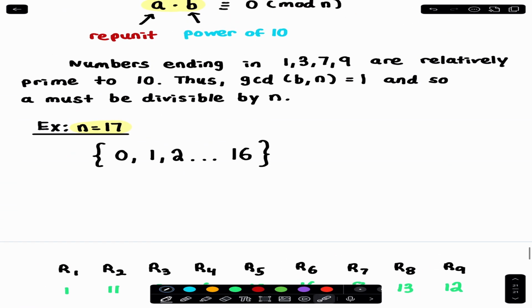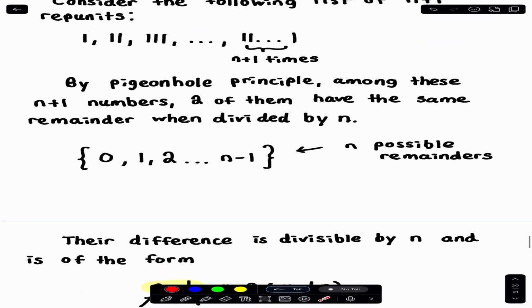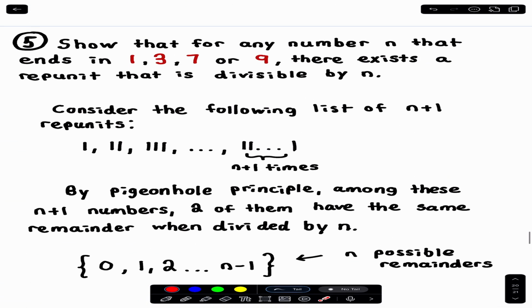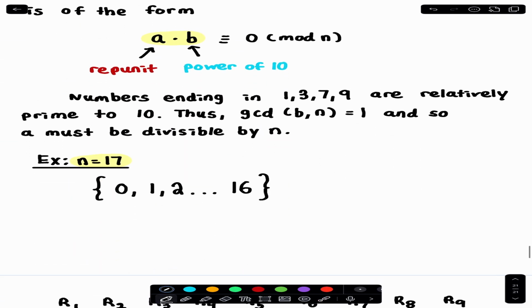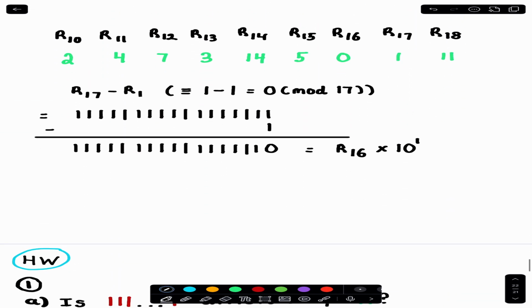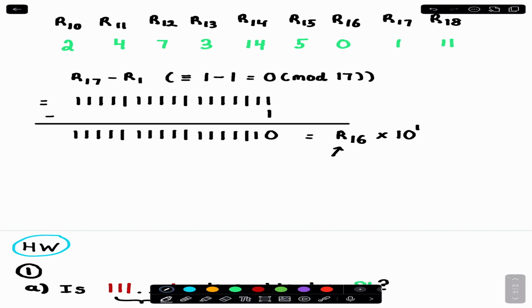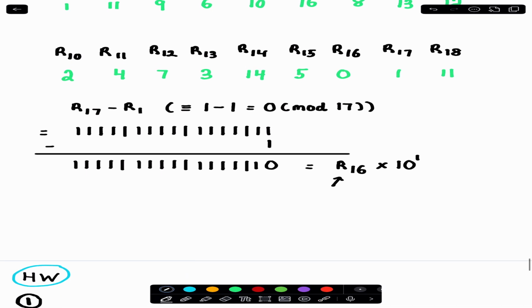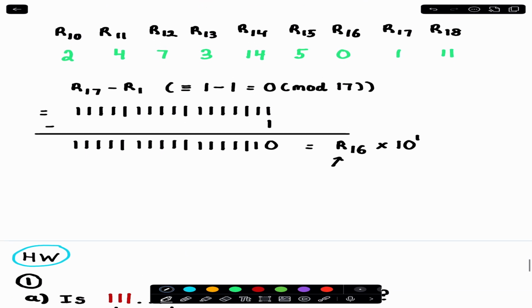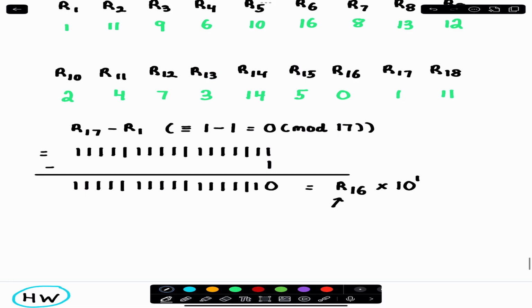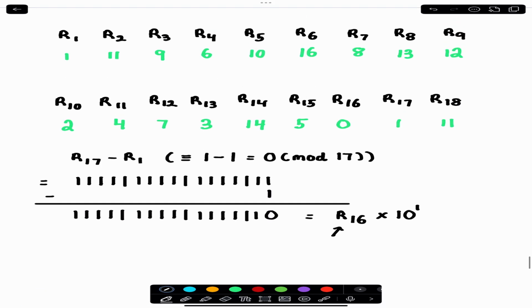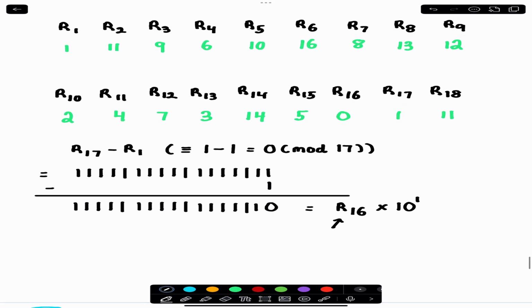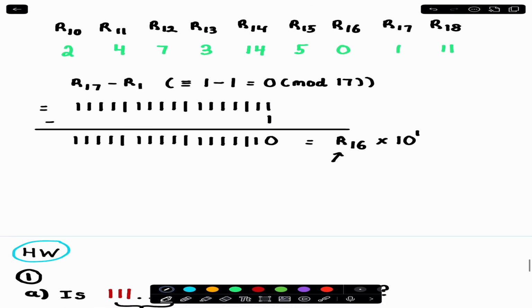So indeed, there exists a rep unit that is divisible by n. In this case, it would be rep unit 16. And we can even get confirmation here. Rep unit 16 is indeed congruent to 0 mod 17. And you can even look back earlier in the document where I list out the first 20 rep units. You'll see 17 is a prime factor of R16.